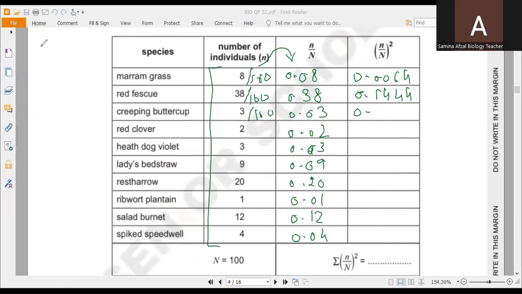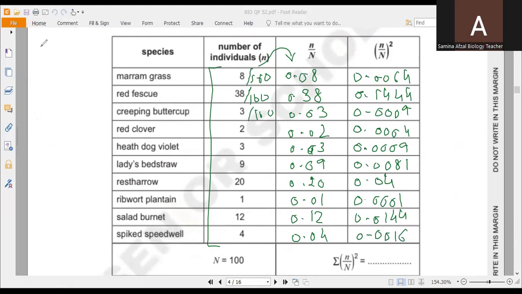Square of 0.03 is equal to 0.0009, and 0.02 squared will be equal to 0.0004, and then 0.03 again, it will be 0.0009, and then 0.0081, 0.04, and then 0.0001, 0.0144, and 0.0016.